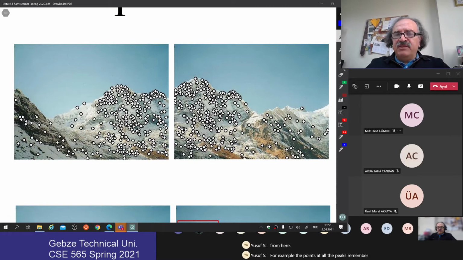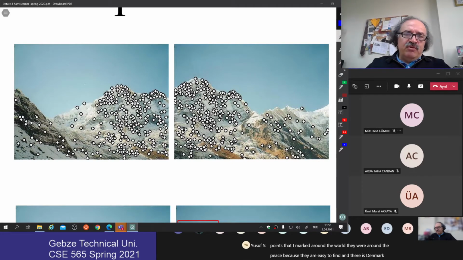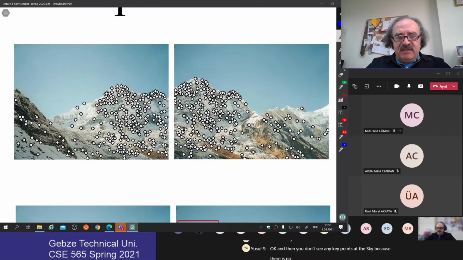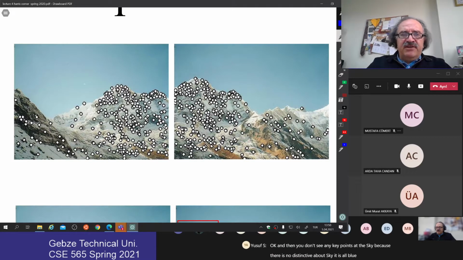Remember the first points that I marked were around the peaks because they are easy to find and they are easy to mark. And computer vision algorithms are doing the same thing too. Okay, and then you don't see any key points at the sky because there is nothing distinctive about the sky. It is all blue, and you see others here.